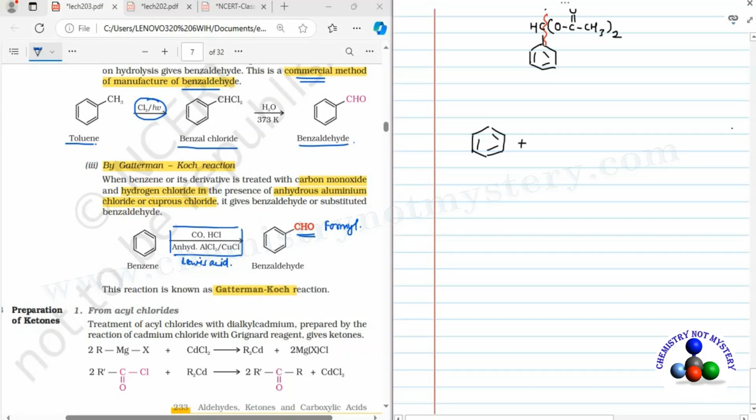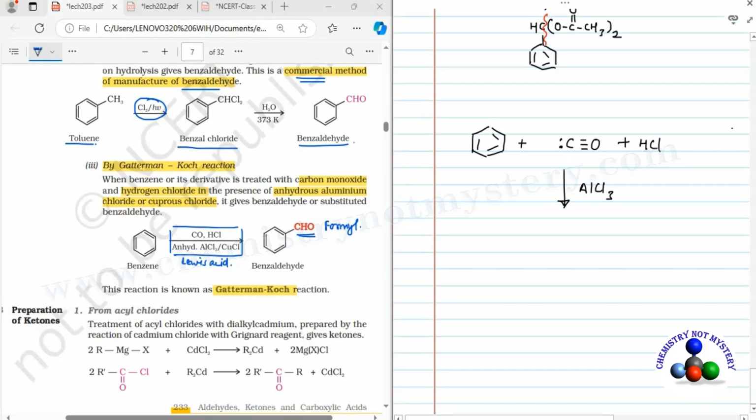and this is carbon monoxide. Carbon monoxide has carbon, it has a lone pair of electrons and it is triply bonded to oxygen. So this is the structure of carbon monoxide. When it reacts with HCl in presence of AlCl3. So this is AlCl3. So by the reaction of carbon monoxide, AlCl3 and HCl, formyl cation is formed.